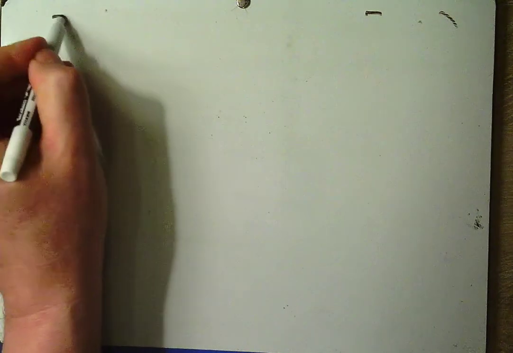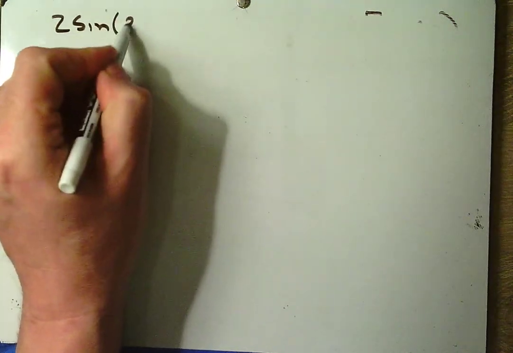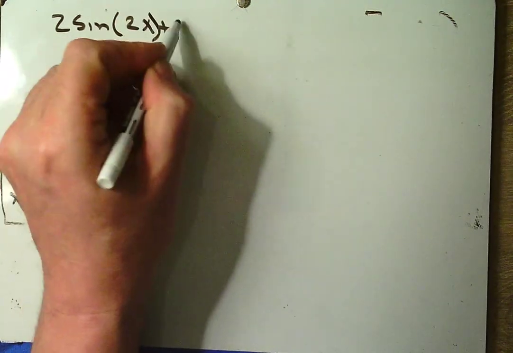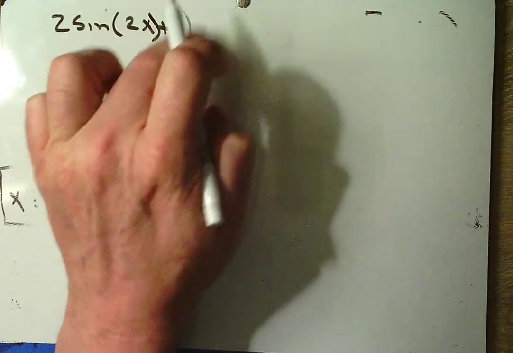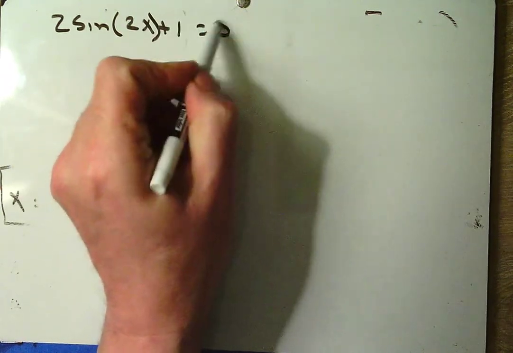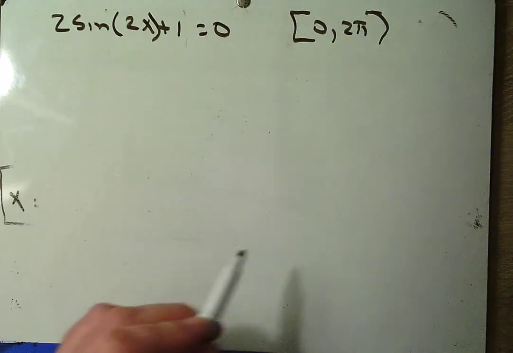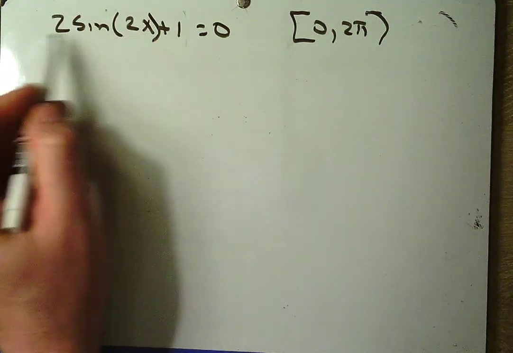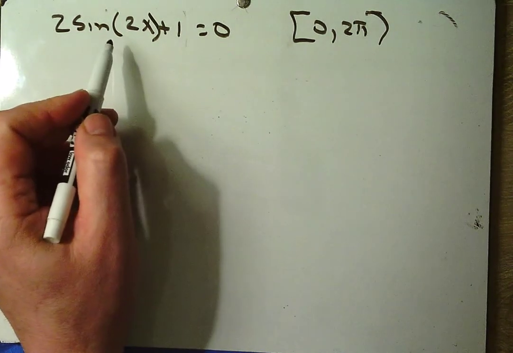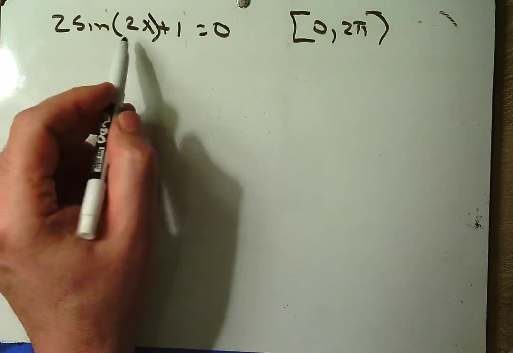How about this one? 2 sine 2x plus 1 equals 0. And again, let's look on 0 to 2 pi. There's only one trig function here. There's only one term with an angle in it.